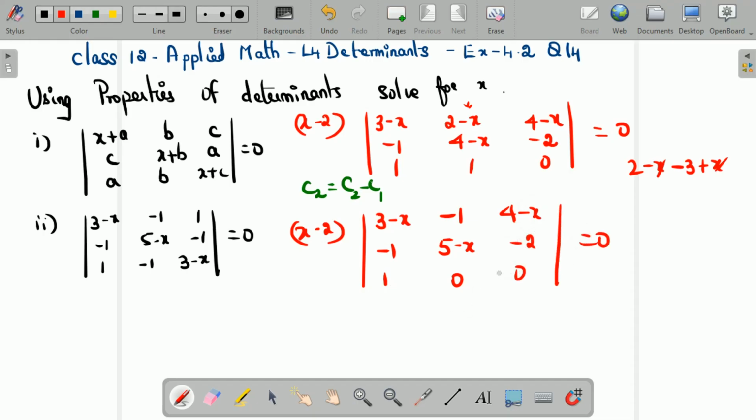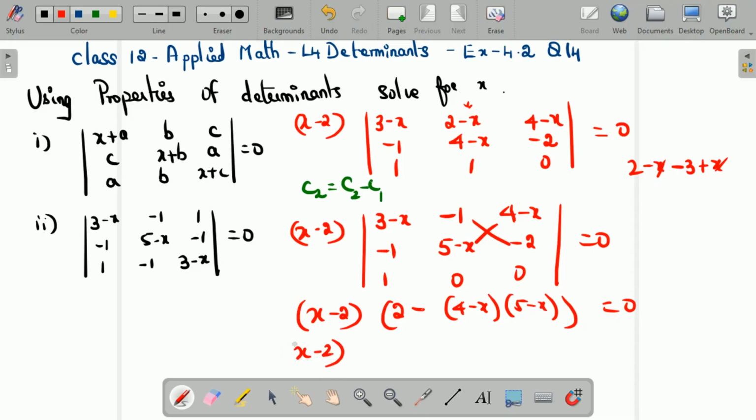Now if you expand along this row, all you have to do is cross multiply. So x minus 2 into 2 minus of 4 minus x into 5 minus x is equal to 0. So now you see you can simplify this. So x minus 2, this will become 2 minus, first let's do term-wise multiplication, 20 minus 5x minus 4x plus x squared is equal to 0.